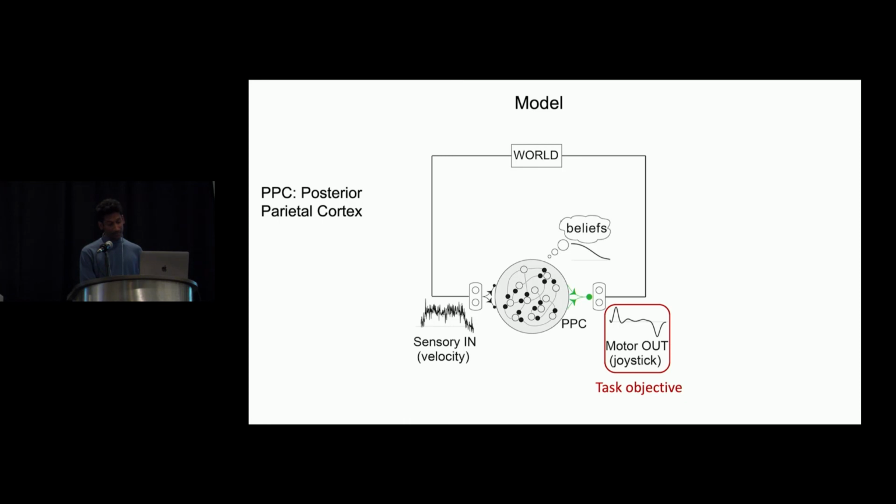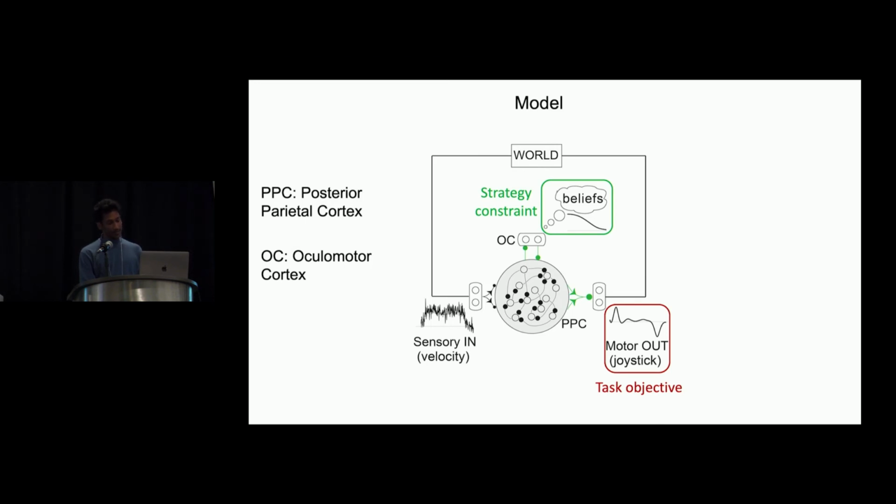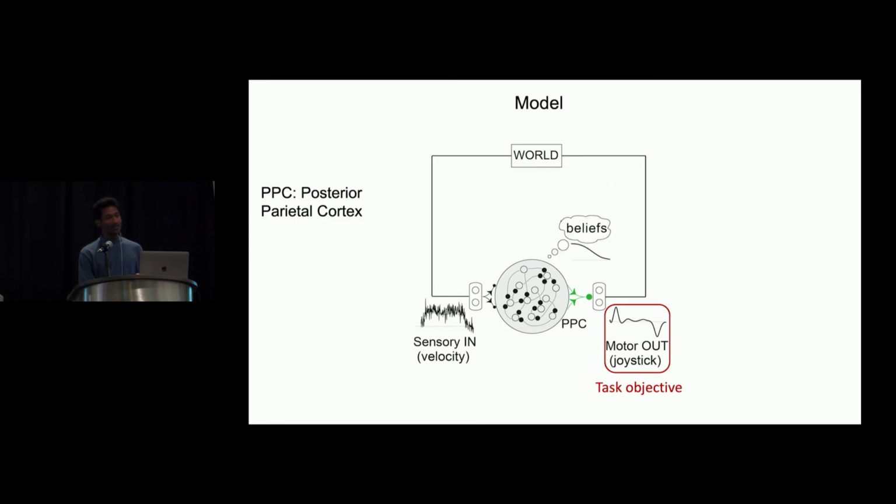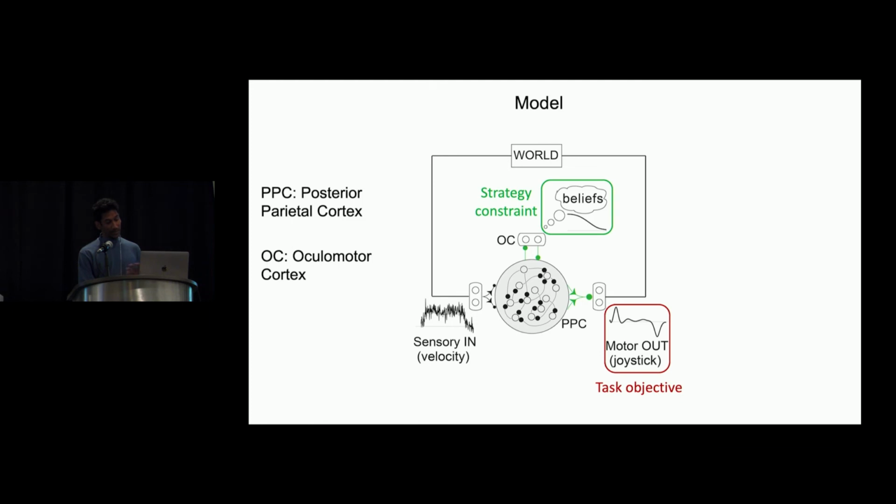But we saw that this task objective is actually achieved by using a specific strategy. By the way, I should mention that in general, this integration process is thought to be performed in the posterior parietal cortex. So just for concreteness, I'm calling this recurrent neural network PPC. And we saw from the behavioral data that animals tend to use a specific strategy where the beliefs are explicitly encoded in their eye movements.